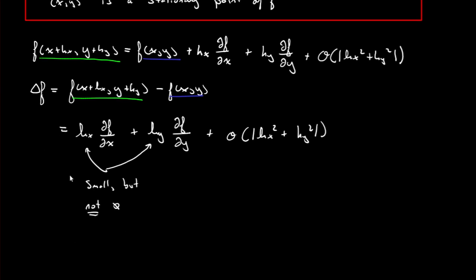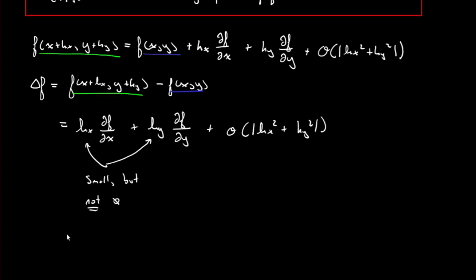So for delta f to vanish to first order in hx and hy, we require that df/dx is equal to df/dy is equal to 0. And this is what we mean by a stationary point of f.